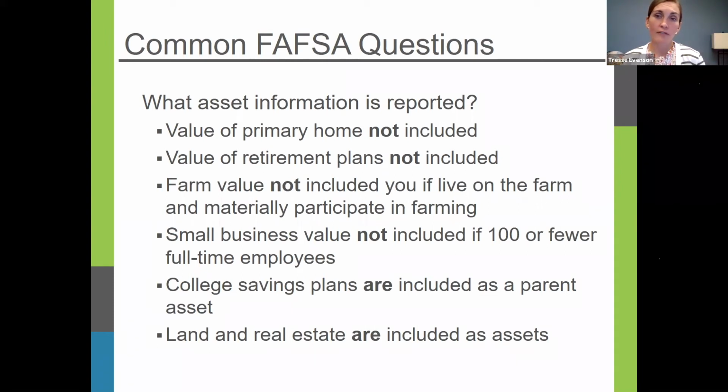But the fluid nature of college savings plans and the ability for you to transfer funds between your children really easily, the FAFSA says that the whole value is reported at one time each year. So also, if you have land or real estate, those are also assets on the FAFSA.